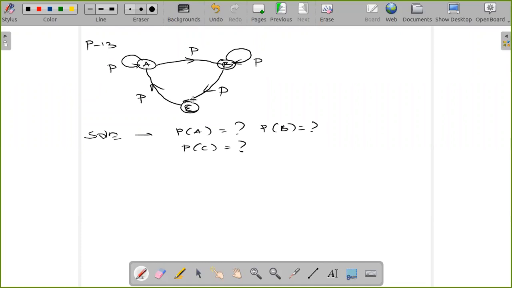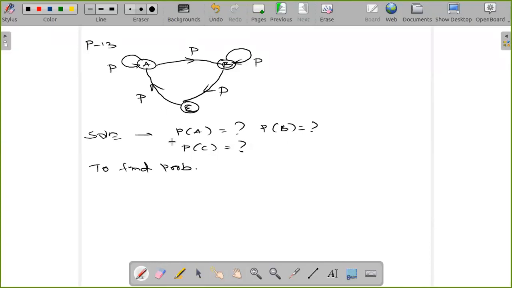There is a procedure: the symbols entering into the state should be considered to find the probability of each state.